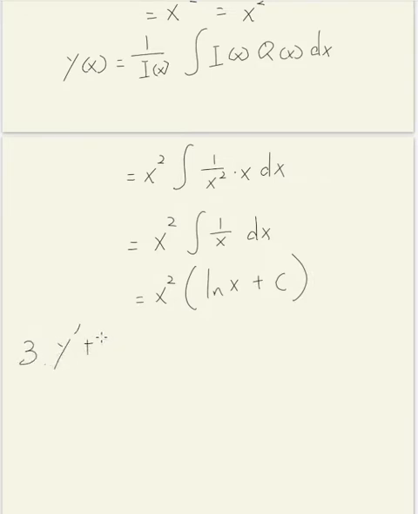y prime plus 2y equals e to the minus 2x with the initial condition y of 1 equals 4.